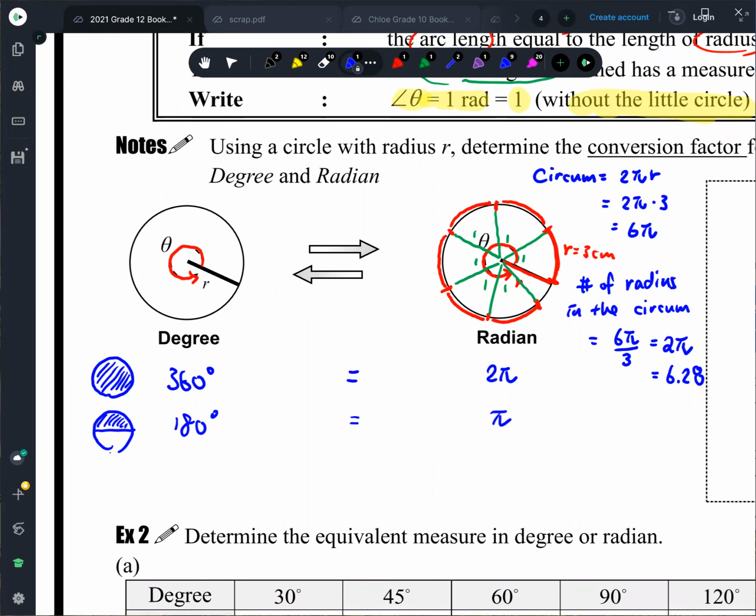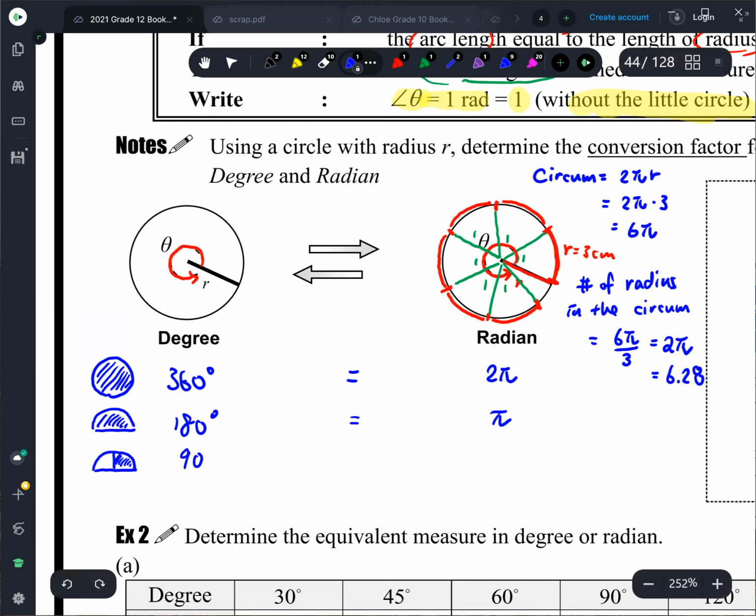Okay, so let's try another one. For example, instead of half a circle, let's say we have this. How many degree is this angle, the one that's shaded? Okay, Angela? 90. Yeah. And what will be the radian for that? Pi over 2.